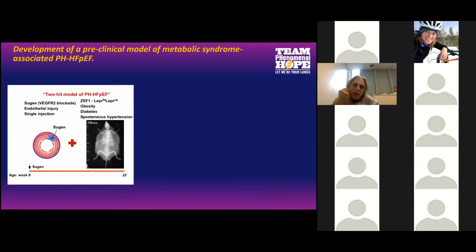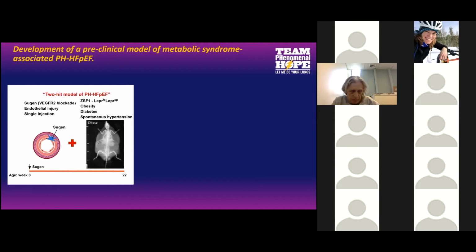Because PH-HFpEF is associated with metabolic syndrome, here we use rats with multiple features of metabolic syndrome. They were born with obesity, diabetes, and spontaneous hypertension. And then we inject Sugen, which is a VEGF receptor 2 blockade. It is widely used in combination with hypoxia for the animal model to study PAH, the group 1 PH.